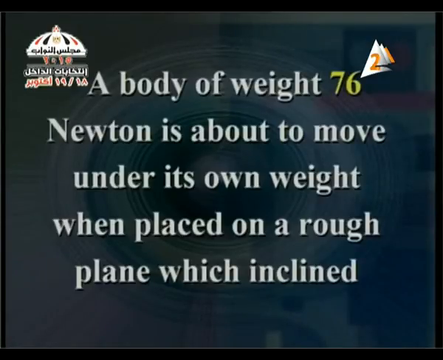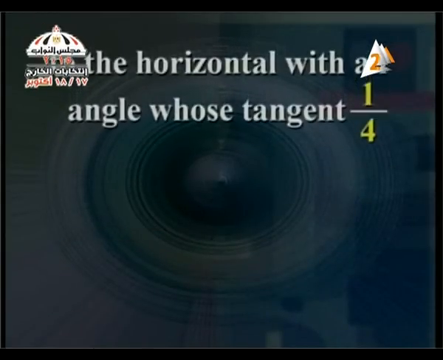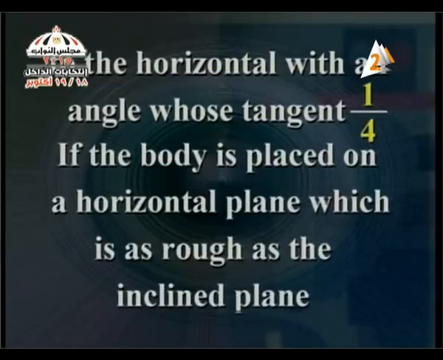A body of weight 76 Newton is about to move under its own weight when placed on a rough plane which is inclined to the horizontal with an angle whose tangent is 1/4. This means tan theta equals 1/4, as you know.